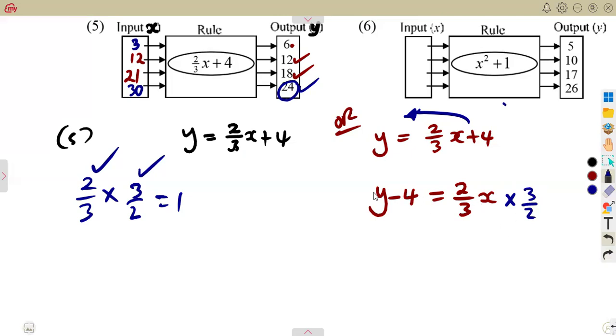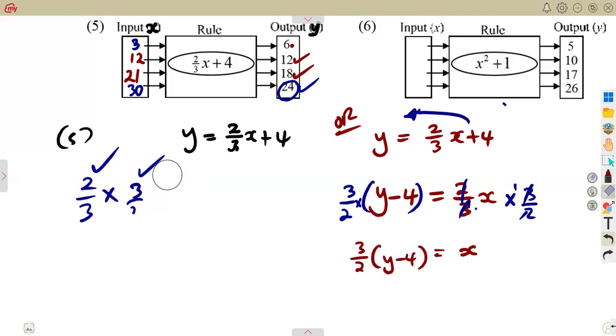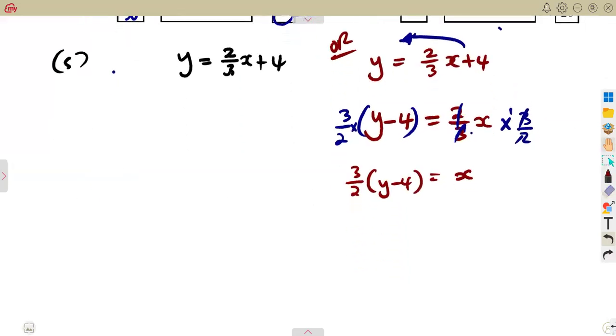But this multiplicative inverse is also supposed to affect this side. So you multiply also by 3 over 2. We obtain 1 times x, which is x. So meaning to say x is equal to 3 over 2 into y minus 4 in brackets, like that. You can have it just like that. It is a relationship that you have created, x written in terms of y, which is 3 over 2 into the bracket of y minus 4.